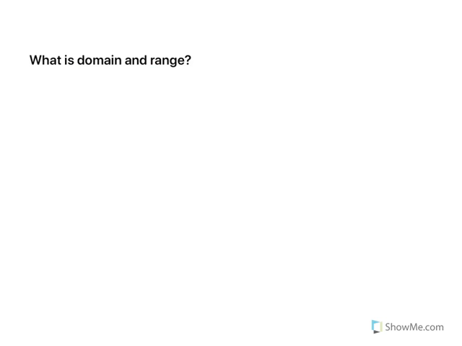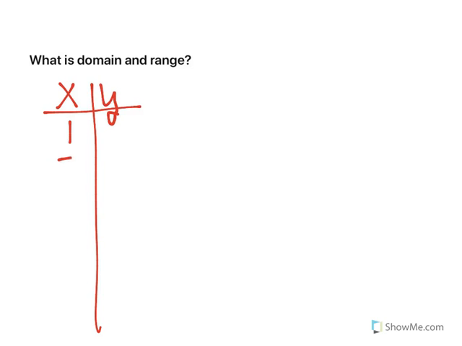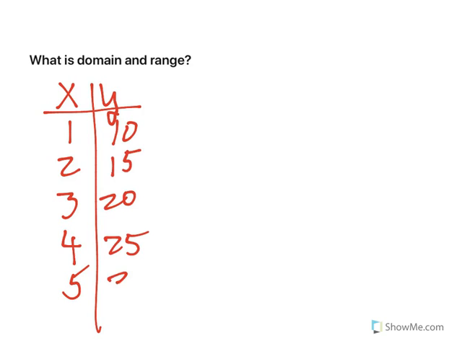Okay, so if I give you a table, and I'll just make up a bunch of points, it doesn't matter. If I give you a table, then it's easy. The domain are those individual points.